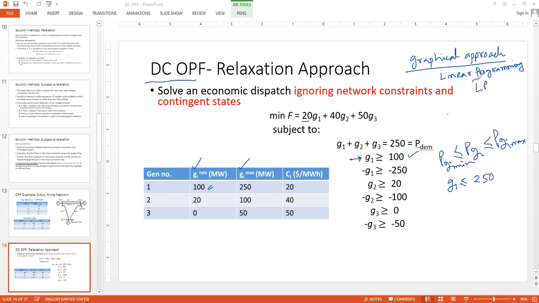So the LP approach is the more generalized approach, which can deal with any number of generating units. The graphical approach can deal with only up to a maximum of 3 generating units because of the representation problem. For 3 generating units, we can have a 2-dimensional plane.